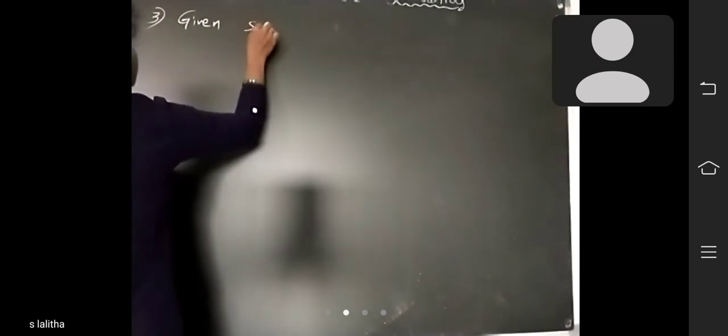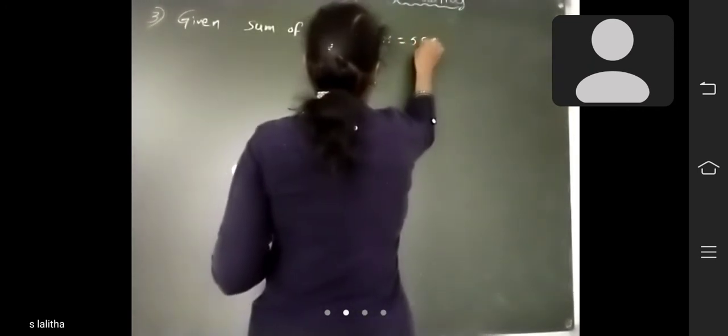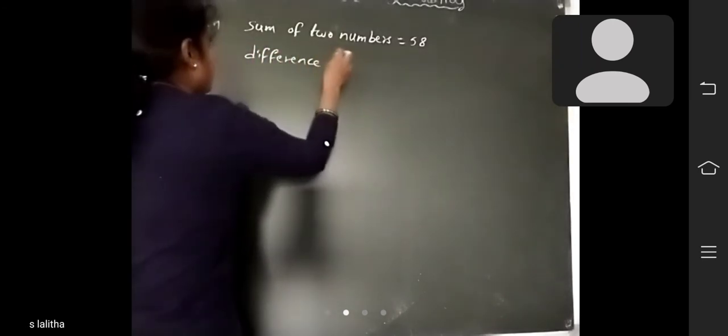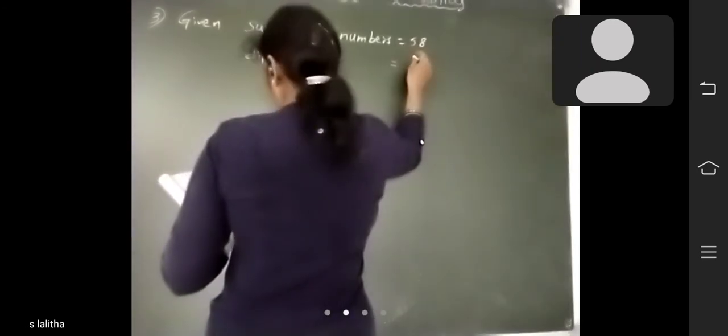sum of two numbers equal to how much? 58. And difference equal to what is given? 28 given.